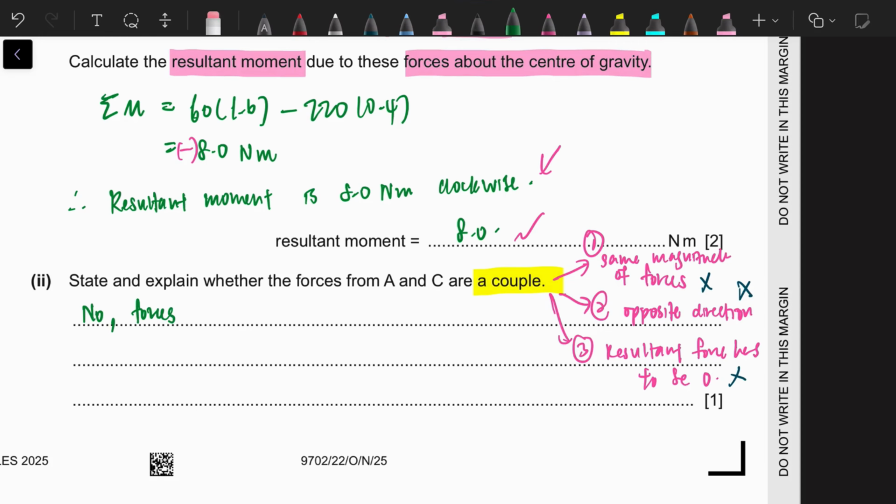Forces A and C are not a couple as the forces do not have the same magnitude.